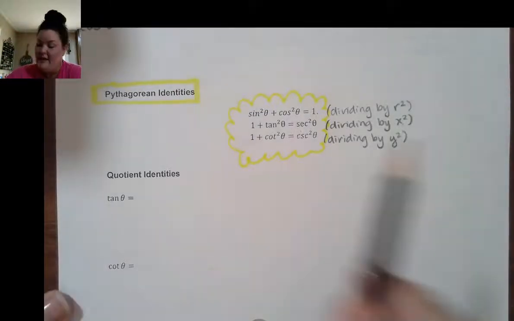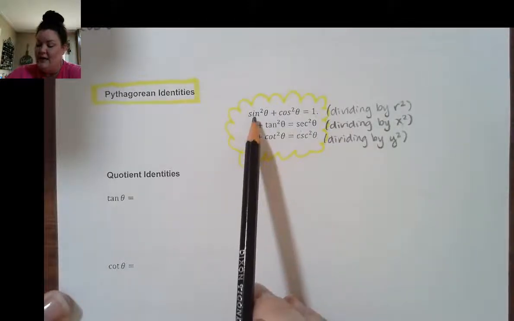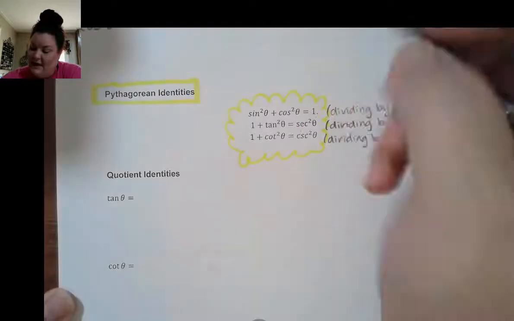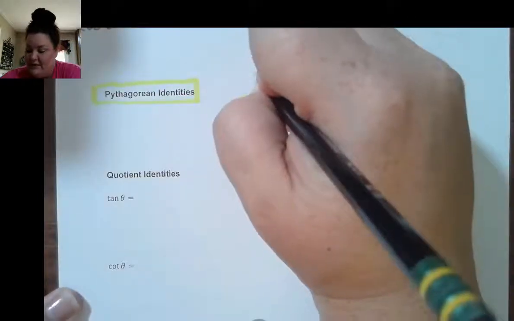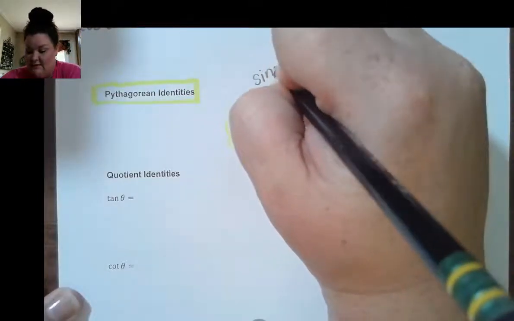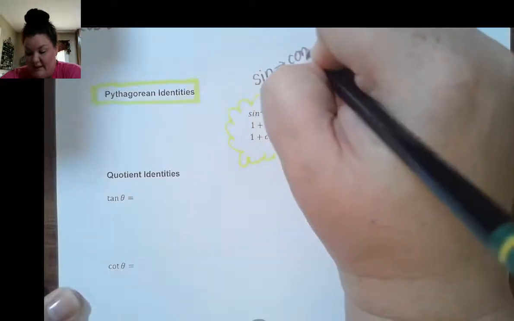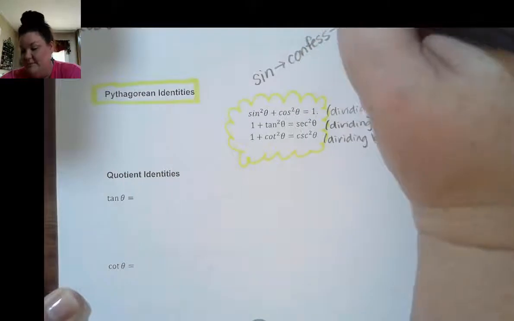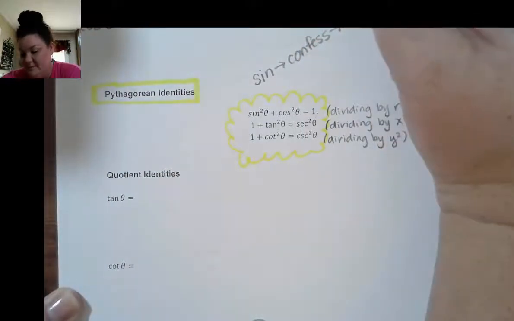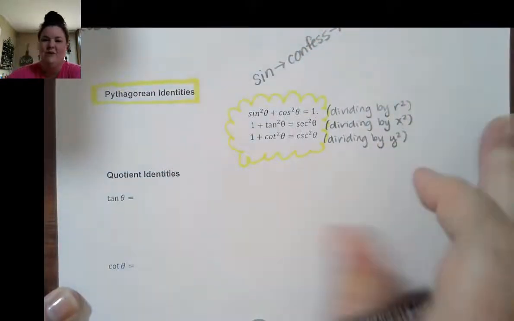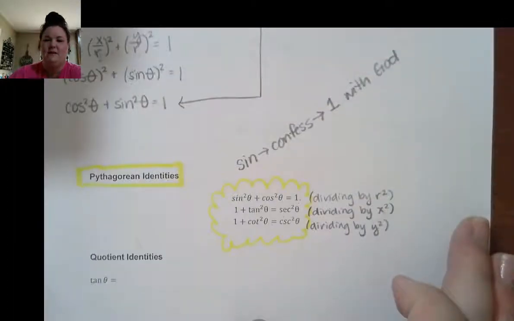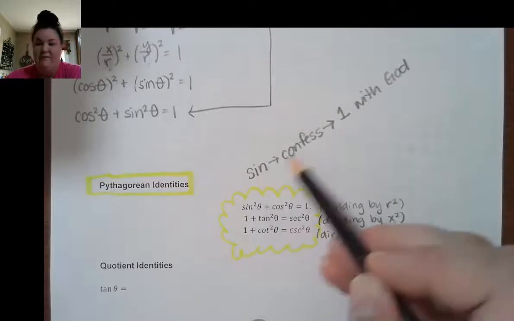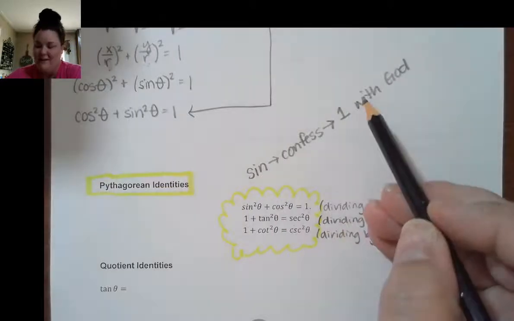The way that I remembered sine squared plus cosine squared equals 1 is that I always learned that this was you sin, then you confess, and then you're one with God. Okay? Oh, whoops, sorry, I wrote off the paper. I just keep moving it, don't I? All right, so sin, confess, then you're one with God. So that's how you remember it.